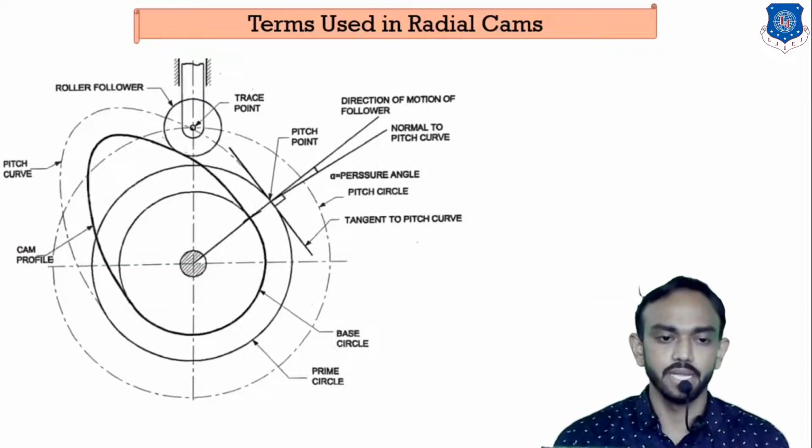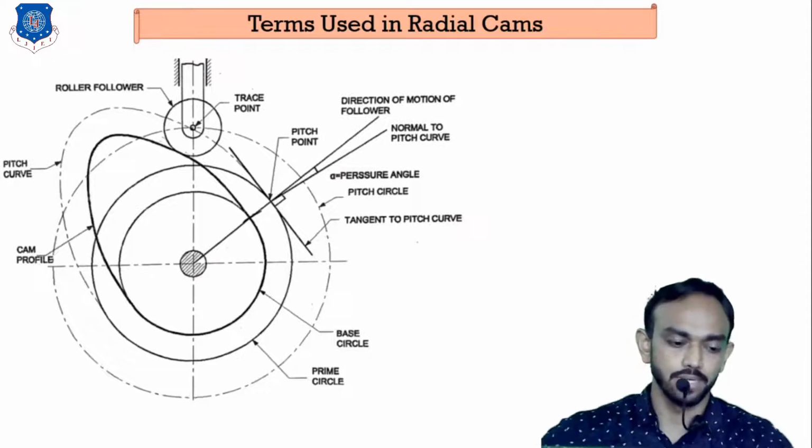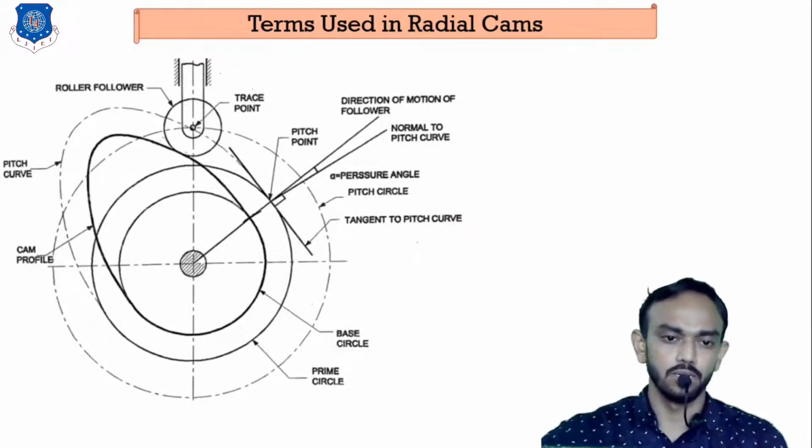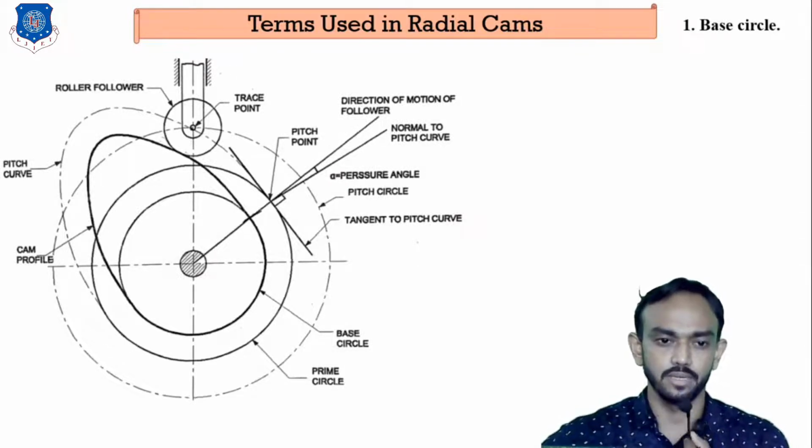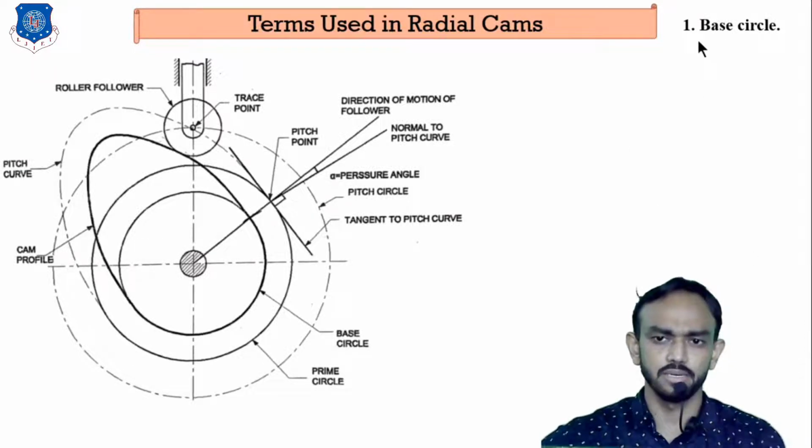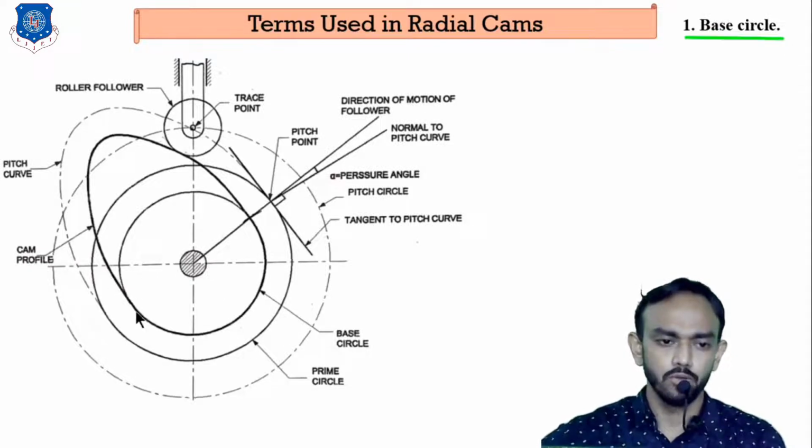Okay, let's start the terminology which we are using during this chapter. So learn the terms related to the cam profile. The first term related to the cam is the base circle. What is a base circle? It is the smallest circle that can be drawn from the cam profile.